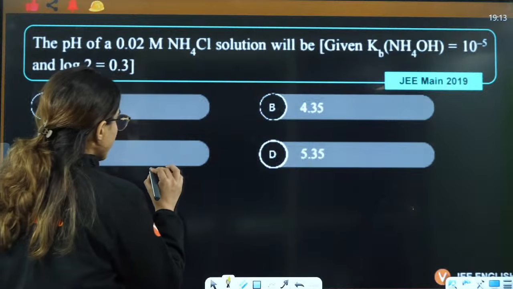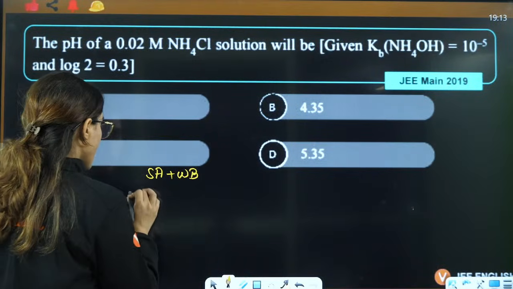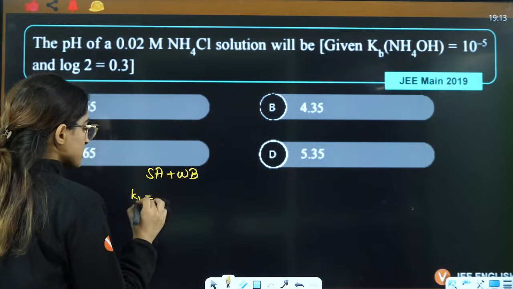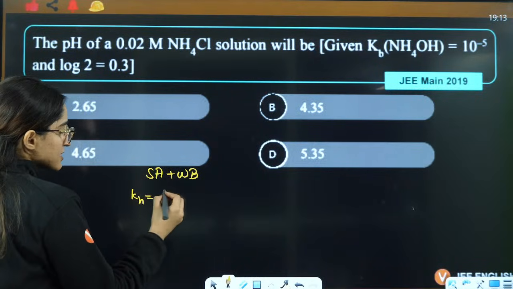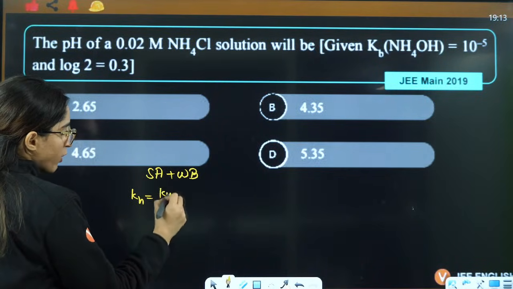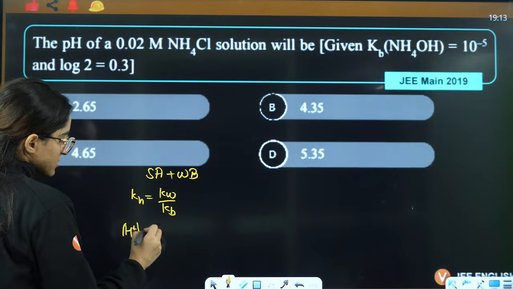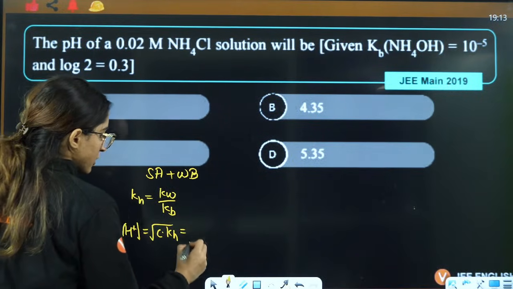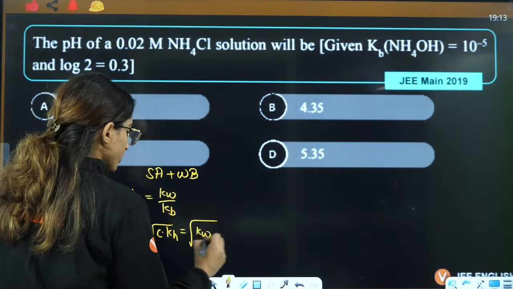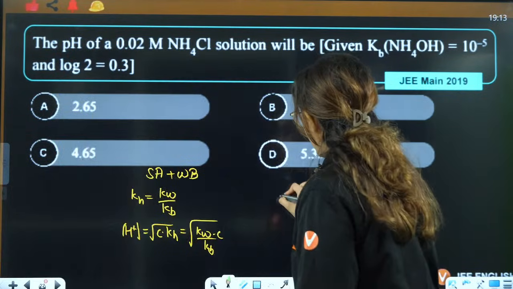So when you have a strong acid and a weak base, what is the value of Kh? I remember it like this only: Kh is equal to Kw by whatever is weak. And H+ is nothing but the square root of C into Kh, that is nothing but Kw by Kb into C. And that's how you have the formula.